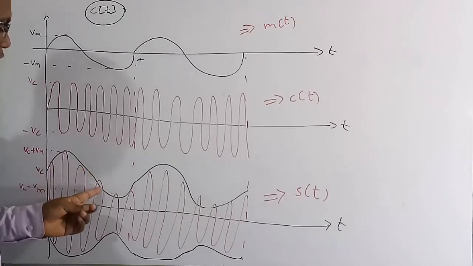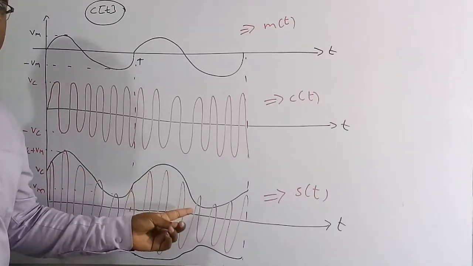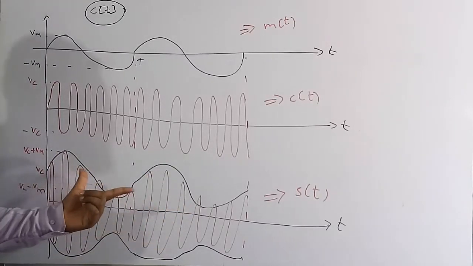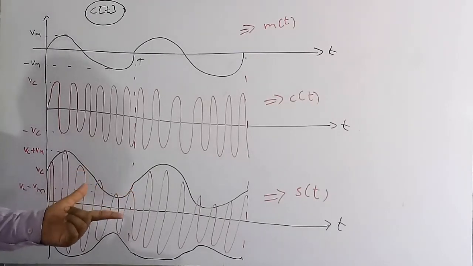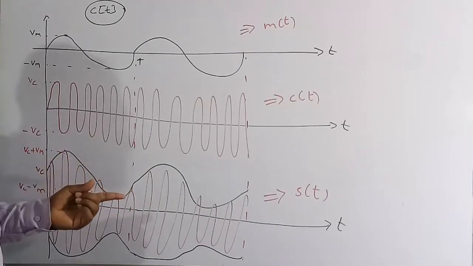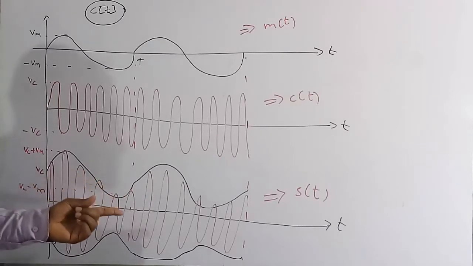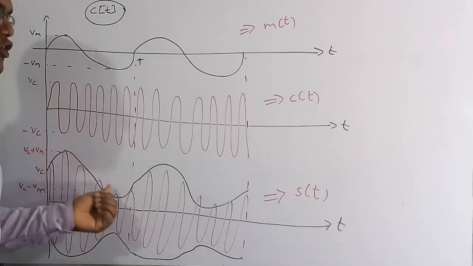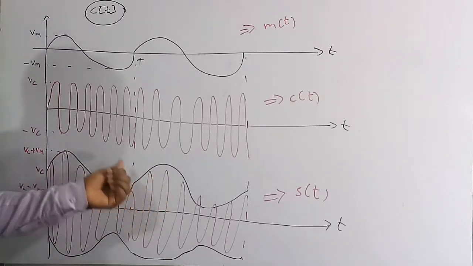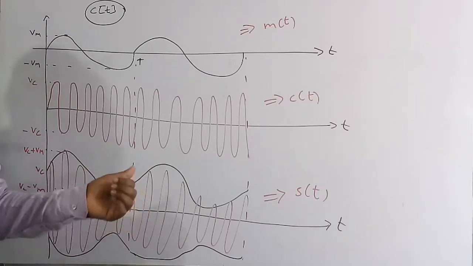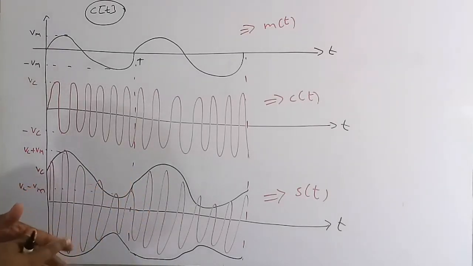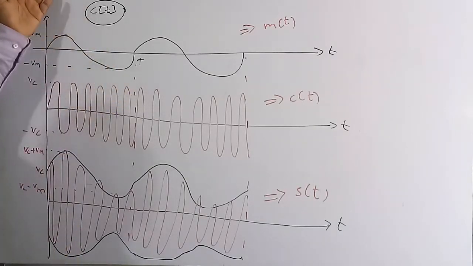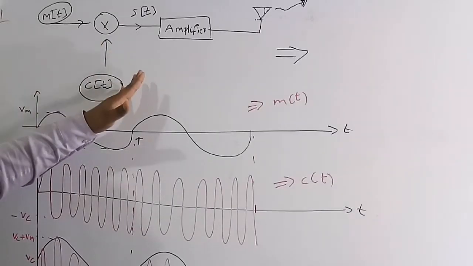By demodulation, we get the envelope of this signal, because the envelope of the signal contains the message signal. By using the demodulation technique, or the envelope detector method, we get the envelope of s(t). Therefore, the true message signal can be obtained. So this is all about the modulation. Modulation means nothing but impressing the low frequency signal onto a high frequency signal by using the modulation technique.